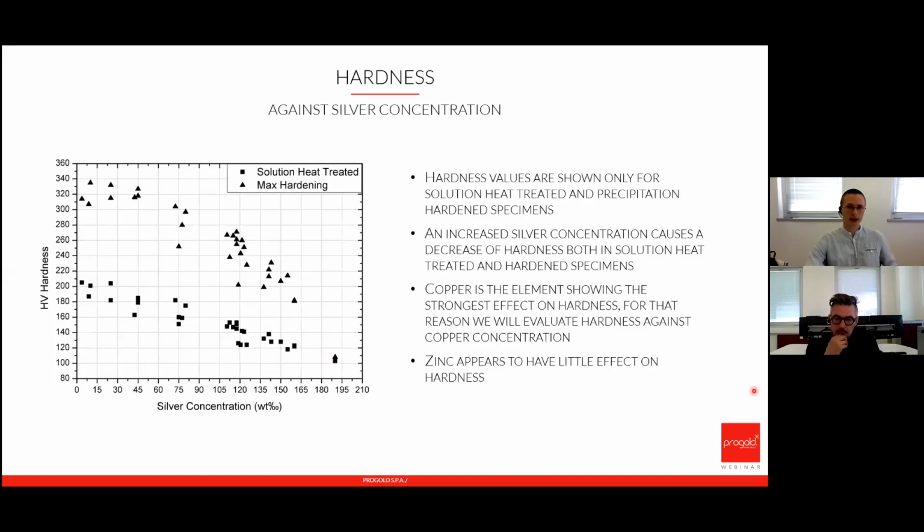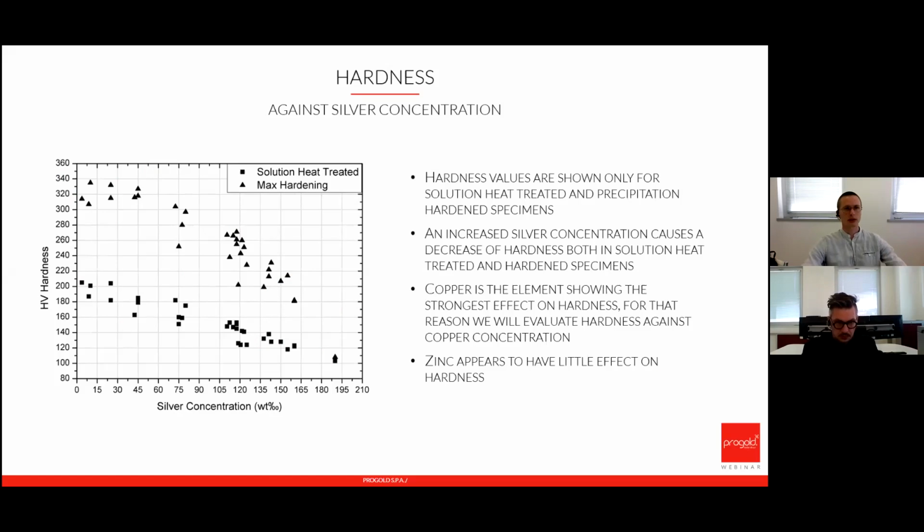So silver content decreases the hardness in both cases, and the more it is, the less hardenable will be the alloy. And zinc has only a little effect on the hardness of the alloy, but more investigation will be necessary to understand this.